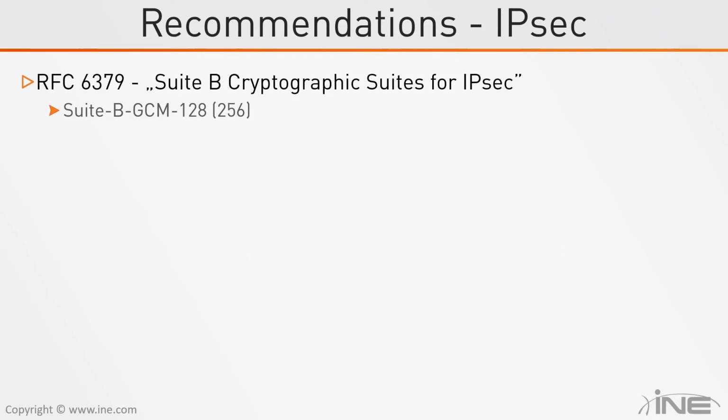So in case of Suite B GCM, we see that we are able to use it with a 128-bit key. This is going to be for AES, where the other variation is going to be to use a longer key of 256 bits, and the same is going to apply to the second suite. So now the way that we should read it is that we will take a look at the cryptographic algorithms for two different types of IPsec tunnels.